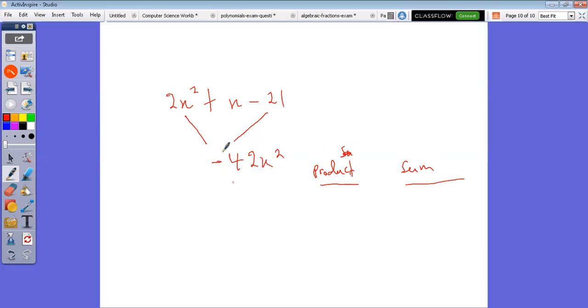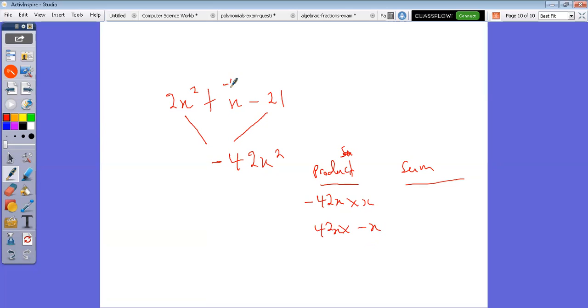Now, let's think of this. Remember negative times positive, well, this is negative. You can have minus 42x multiplied by x, or 42x positive multiplied by minus x. But what's the difference there?